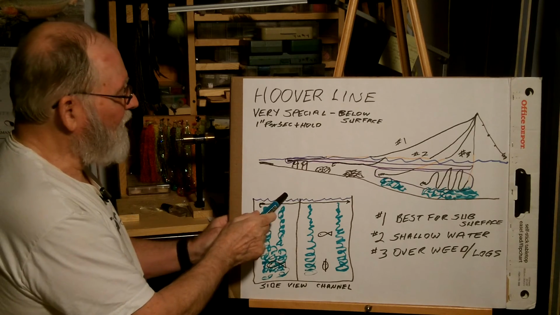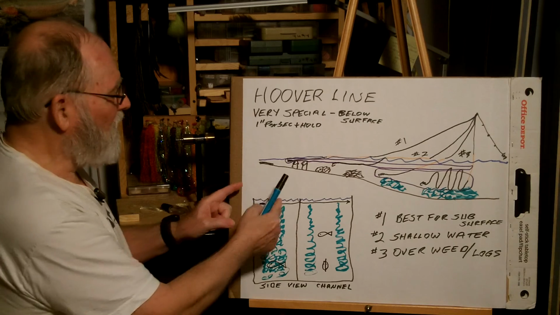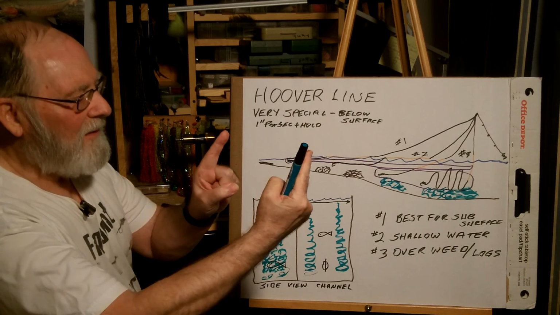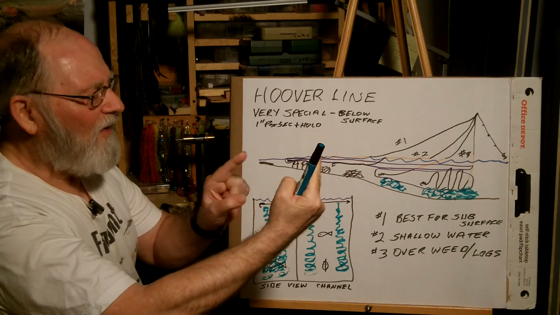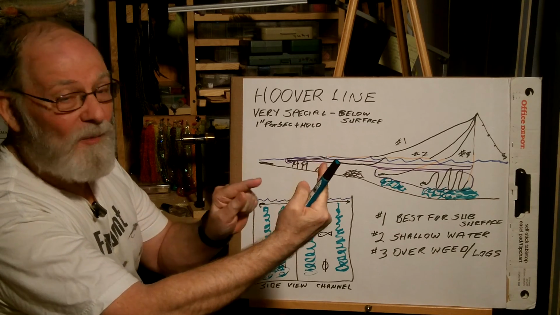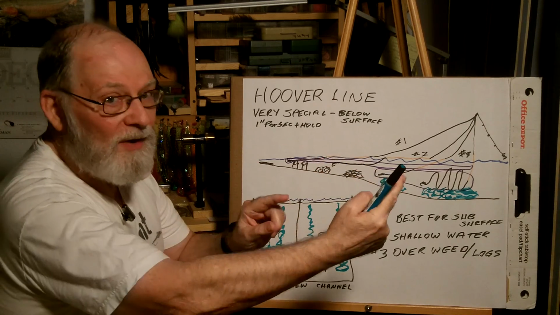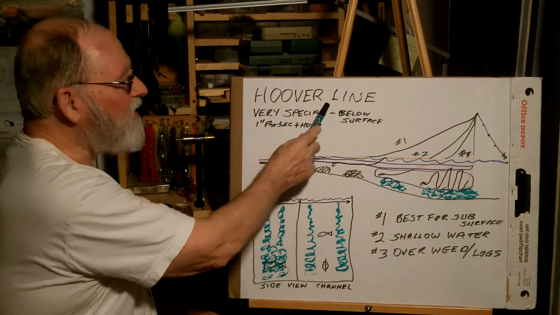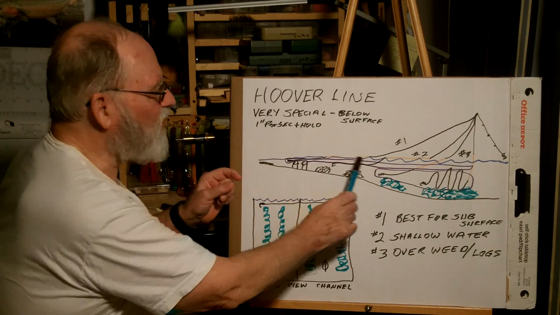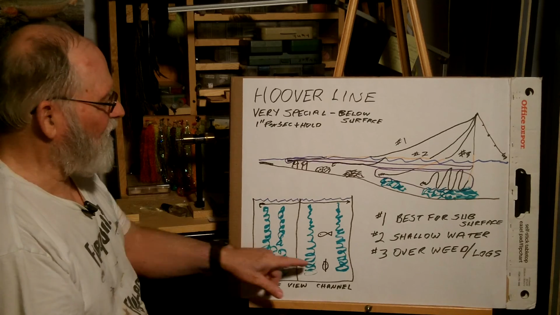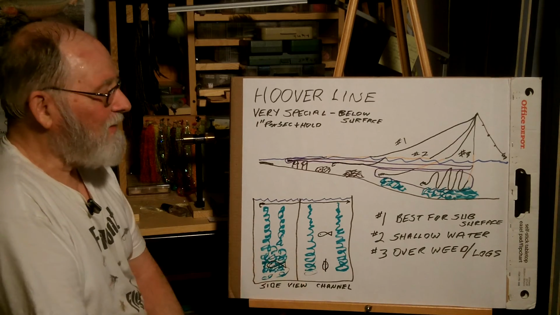If they turn around and use a dry and a dropper, then they've got to make certain that the dropper is so close to the other that the fly won't fall because of its sink rate into the weeds as you're pulling it across. Whereas this line gives you that extra punch over shallow water and the opportunity to catch fish that are hidden and can't be seen in view by your fish finder.